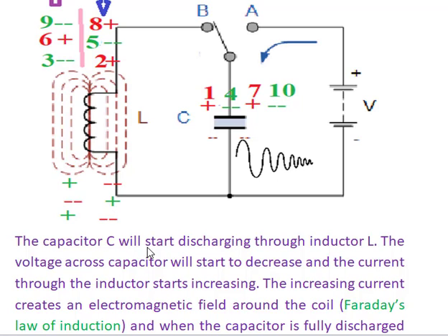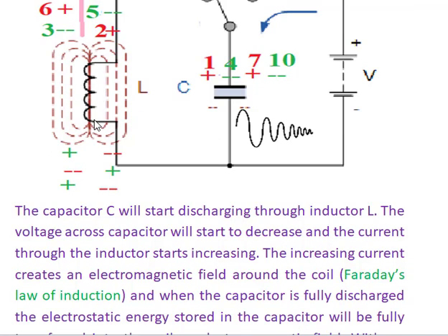Now, the capacitor C will start discharging through the inductor coil. On discharging, the voltage across the capacitor will start to decrease and the current through the inductor starts increasing. So this increasing current creates an electromagnetic field in this coil.